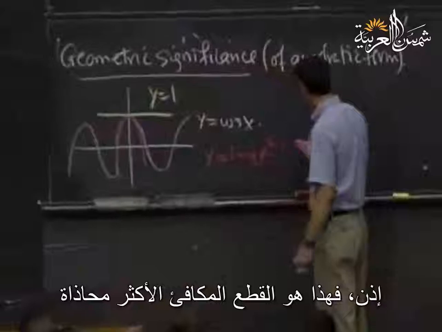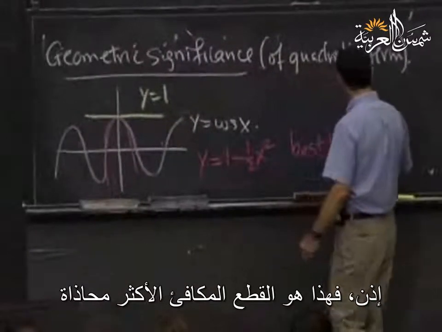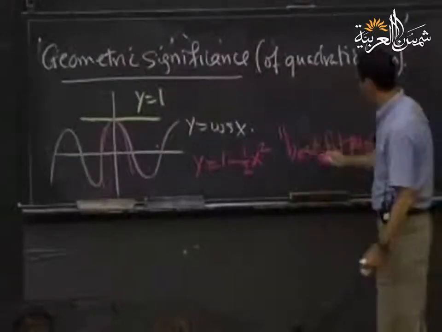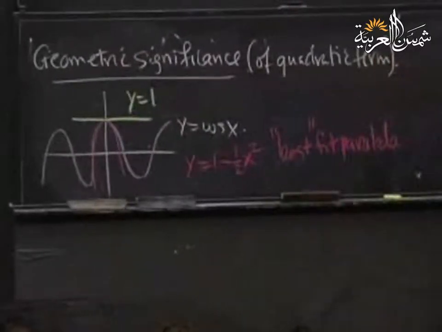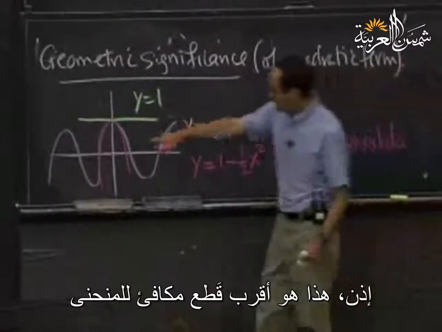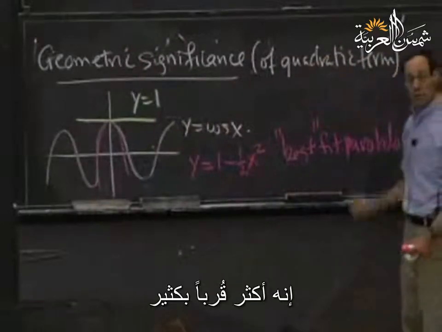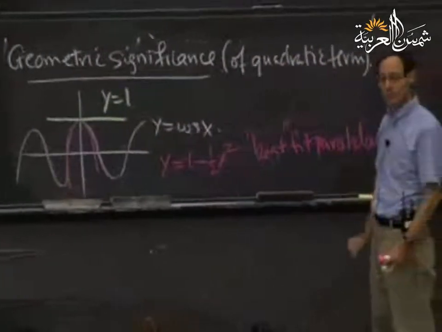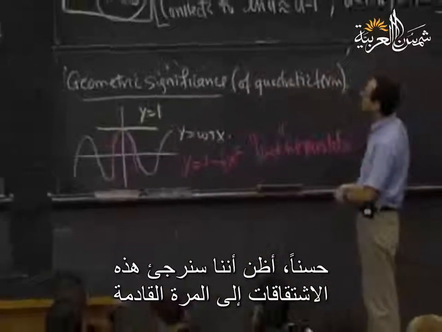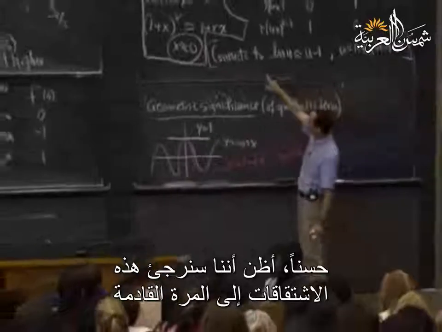All right? And this is, if you like, the best fit parabola. So it's going to be the closest parabola to the curve, and that's more or less the significance. It's much, much closer.